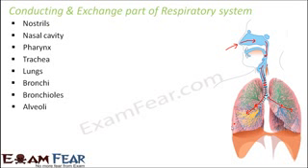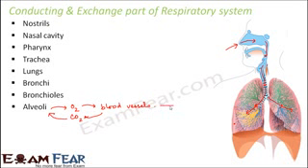There has to be an exchange, because the alveoli will give oxygen to the blood vessels. Similarly, the blood vessels will give carbon dioxide to the alveoli. So basically in this case an exchange is taking place. That is why alveoli is known as the exchange part of the respiratory system.